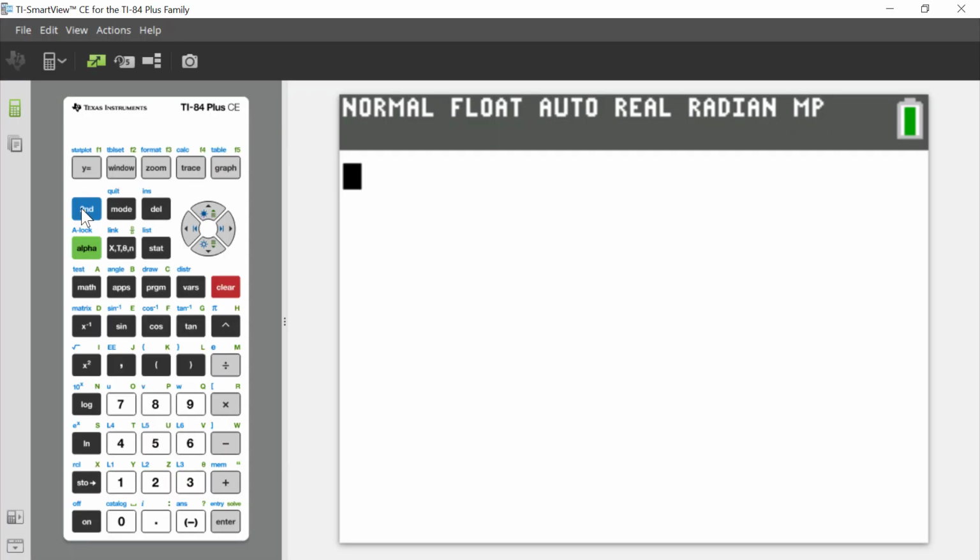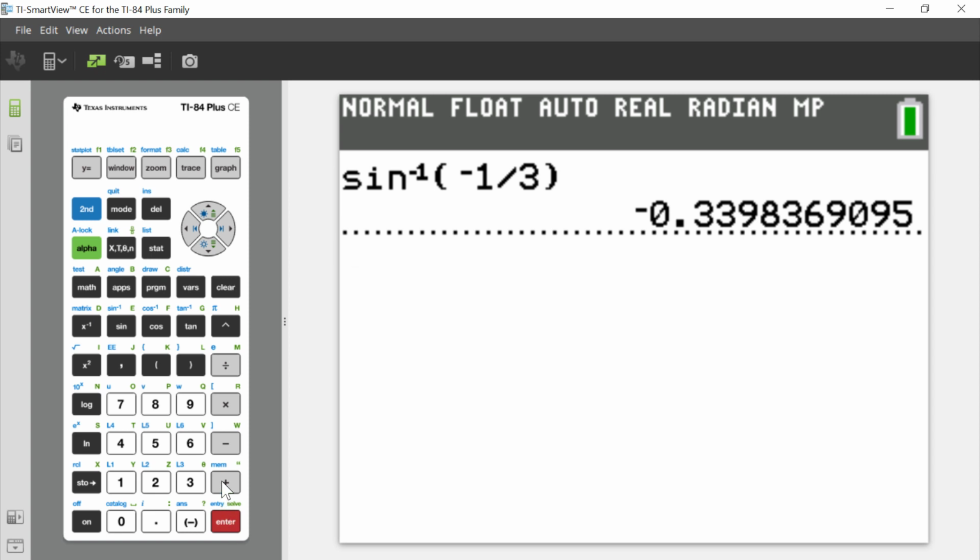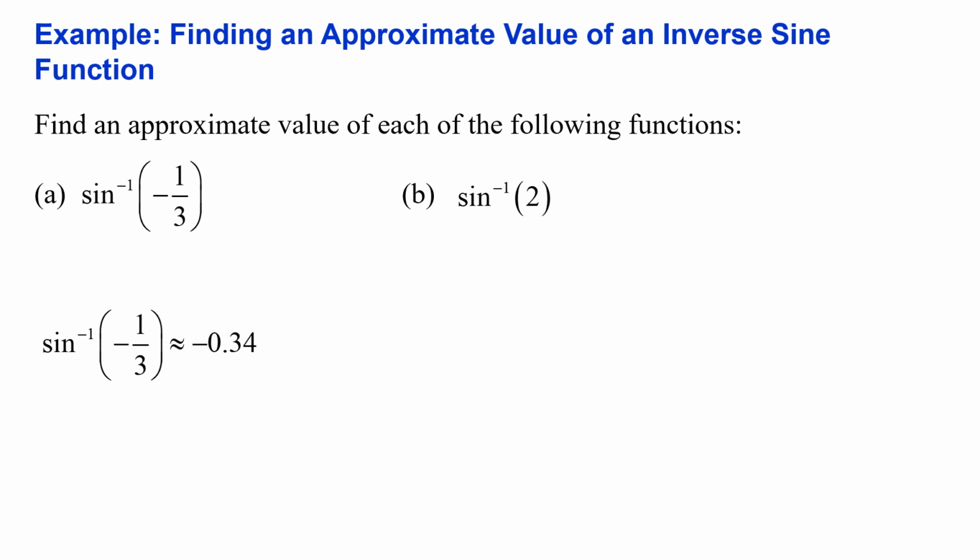So make sure that you're in radian mode, and we're going to hit second and the sine key, and then type the negative key, 1 divided by 3, hit my right paren, and when I hit enter, I'm going to get a decimal approximation to inverse sine of the quantity, negative 1/3, being negative 0.3398369095. So rounding to 2 decimal places, we can say inverse sine of the quantity, negative 1/3, is approximately negative 0.34.